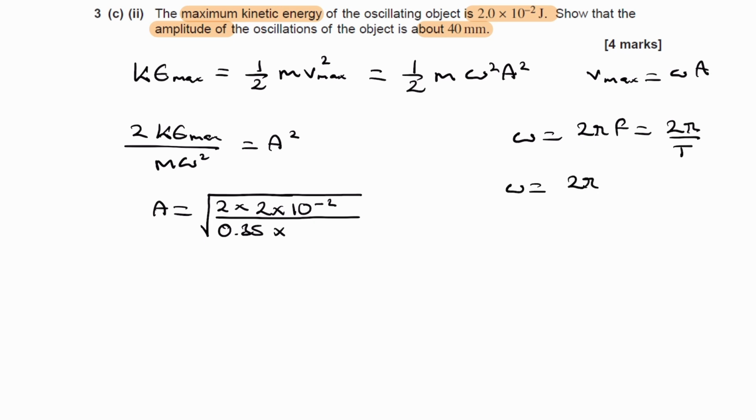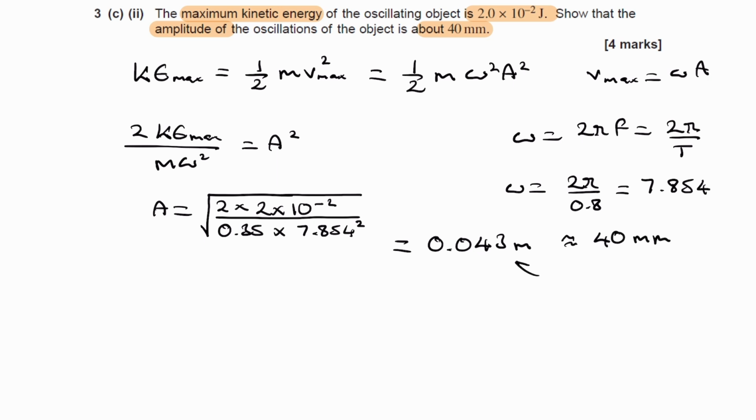So omega is 2 pi over 0.8, which is 7.854. So this would be 7.854 squared, as it's omega squared. And this gives 0.043 meters, which is approximately 40 millimeters. What we have here is about 43 millimeters, so that will be approximately 40 millimeters.